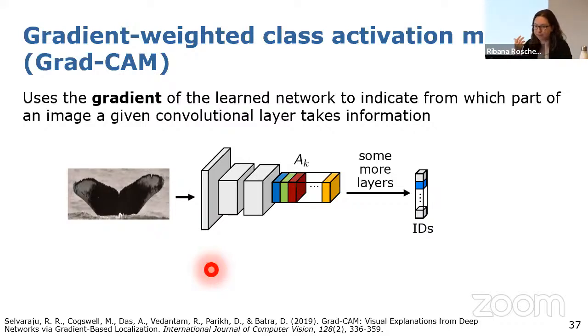It's more versatile, and it produces visual explanations, or first interpretation, then explanation, for any arbitrary convolutional neural network. So again, we look at the network with multiple layers, and we want to analyze the last convolutional layer because this is advised, but you could also look at other convolutional layers. That was not the case before.